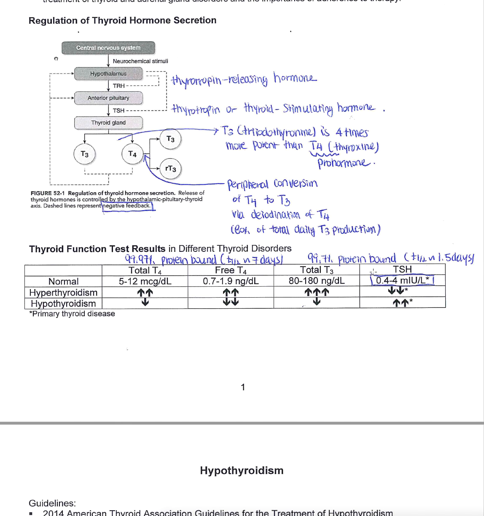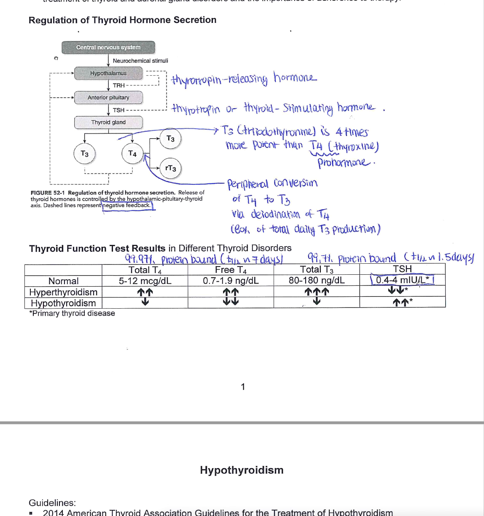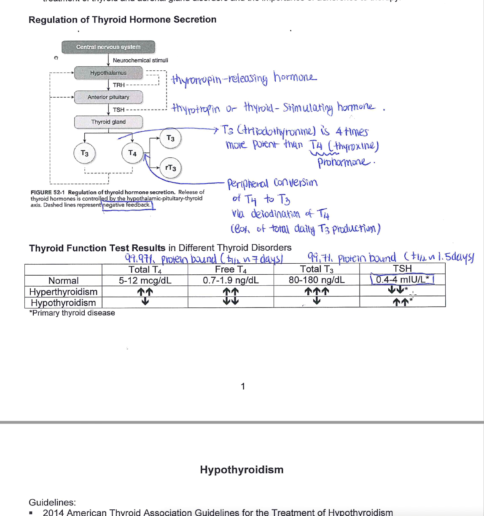Whenever we do TSH and the TSH is decreased, that indicates primary hyperthyroidism, meaning there is less TSH because too much T3 and T4 is being produced.